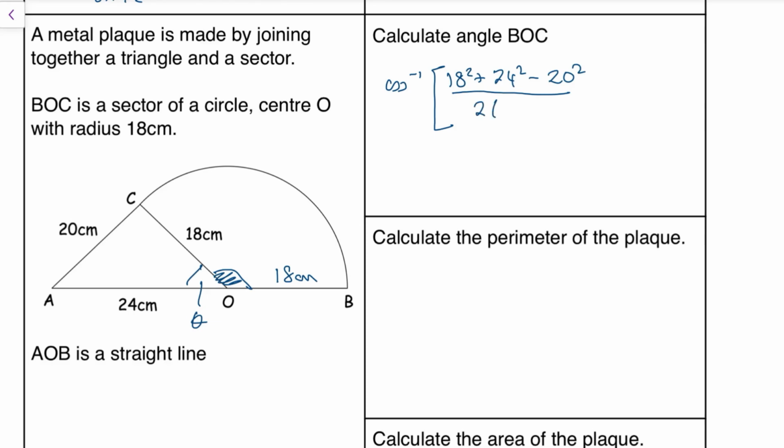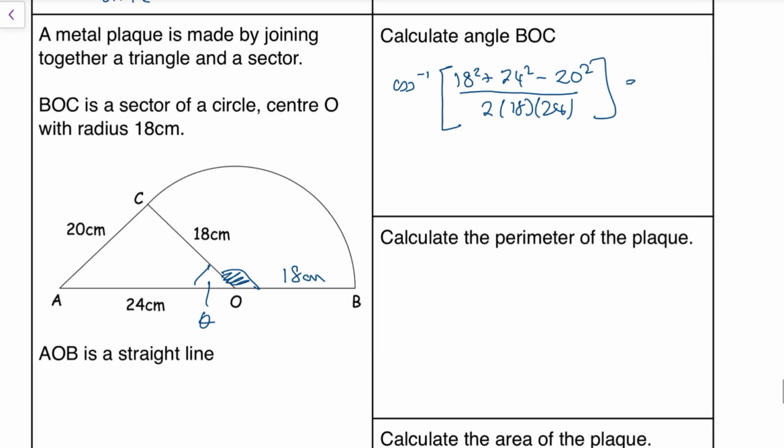And I'm going to divide that by 2 times 18 times 24, get my calculator out, and that's going to tell me it's 54.64 degrees. And again, I'm going to use a few more decimal places, so 54.6406 degrees.